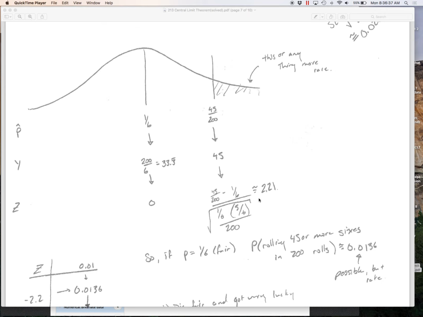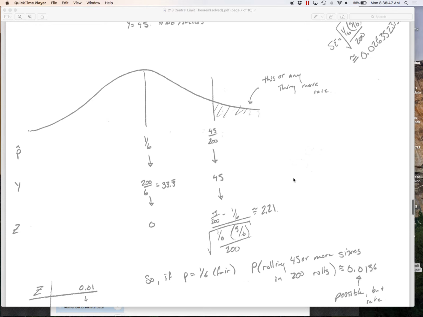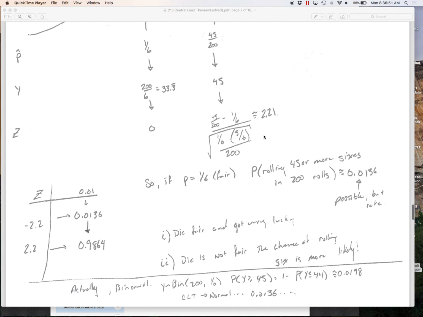Here the z-score for this particular situation is 2.21. If you're using the z-table, you can go to the row 2.2 and the column 0.01 and find this area.